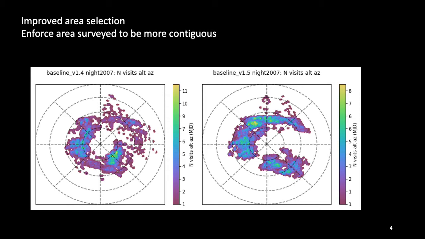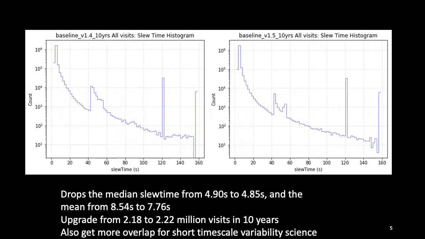On the right is version 1.5, where we have added a constraint to try to keep areas more contiguous. Hopefully you can see that observations are packed a little more closely together. There aren't as many spread out single observations, and so that results in lower slew times as we go from pointing to pointing.